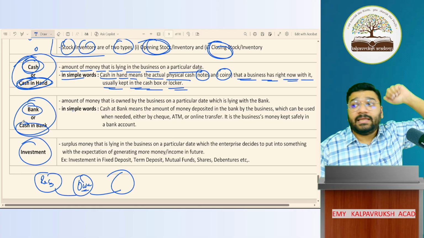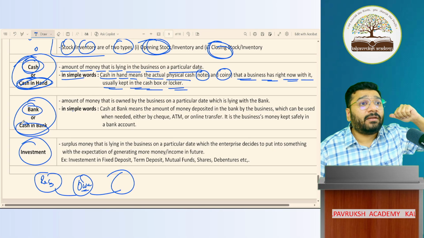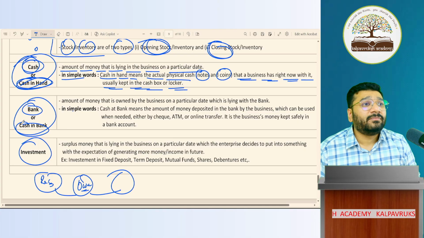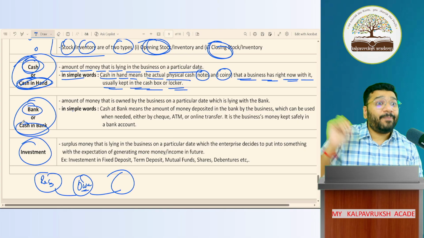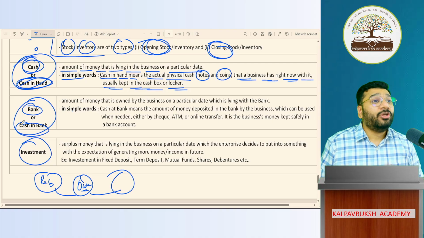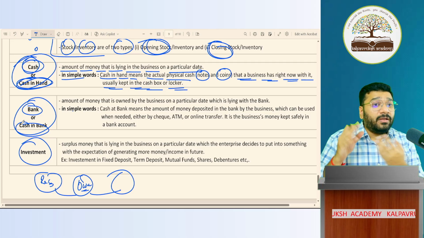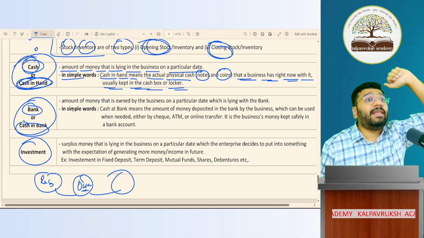Then little by little things got more developed. Banking system came, but that time 5G was not there, so no GPay, PhonePe was there. So that time people used to make DD. When I was studying in 2009, I registered for CA course with ICAI. The branch was in Delhi.